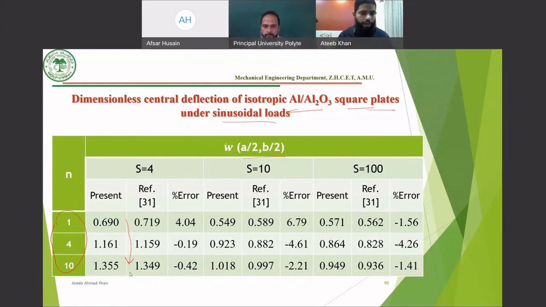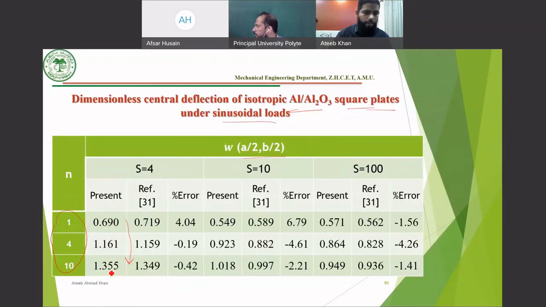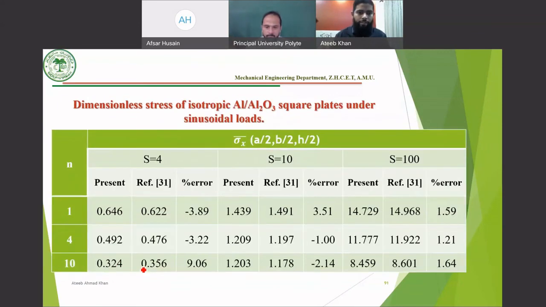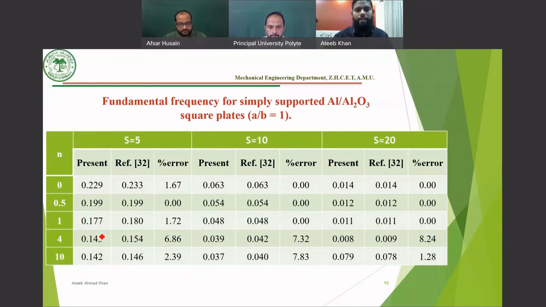That is the reason why you are getting more deformation. Similarly, on the other hand, as you keep on increasing n from zero, the natural frequency will keep on decreasing because the plate is getting less stiffer for the same reason as I have explained before.